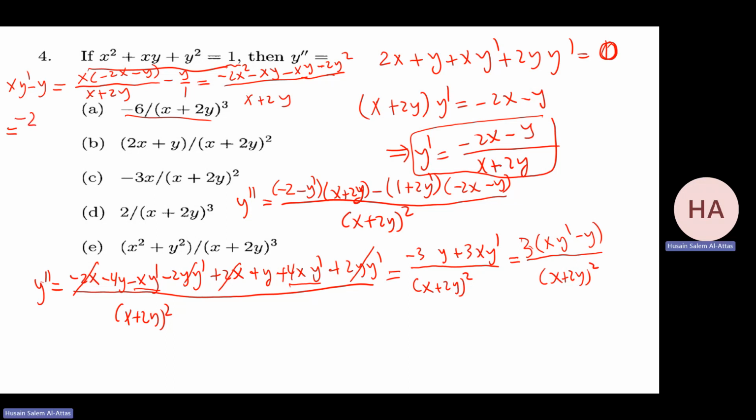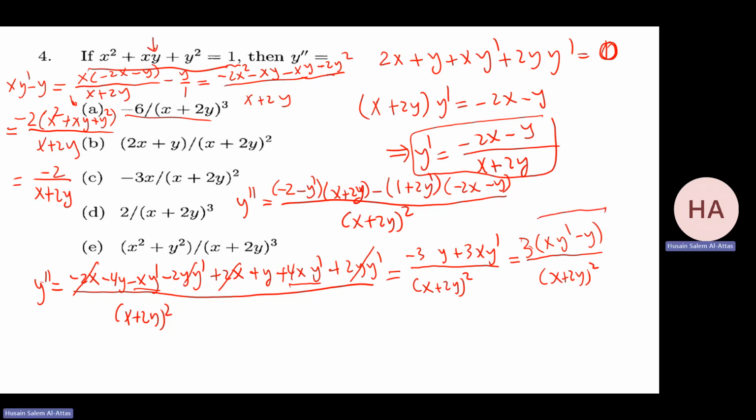Minus 2 times x squared plus xy plus xy plus y squared, all over x plus 2y. And what is this? This is minus 2 over x plus 2y.